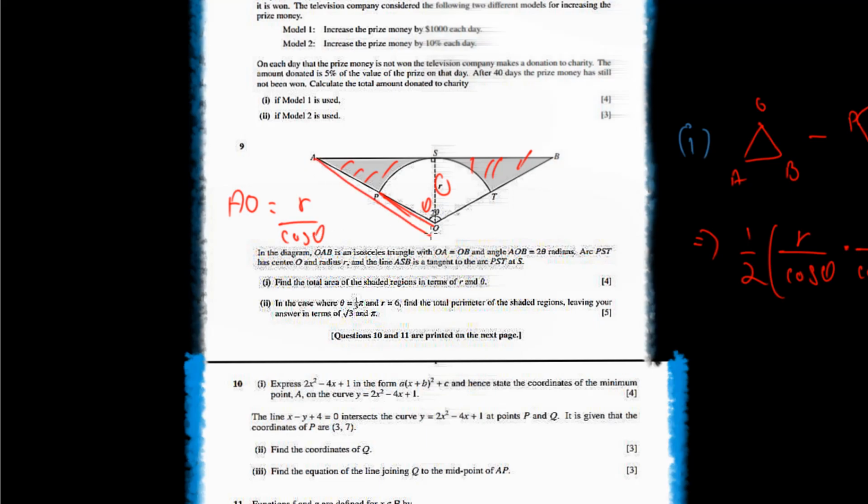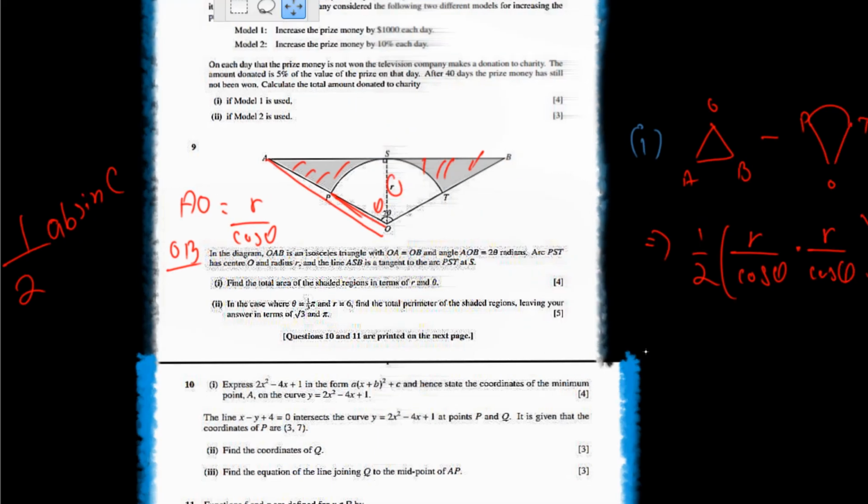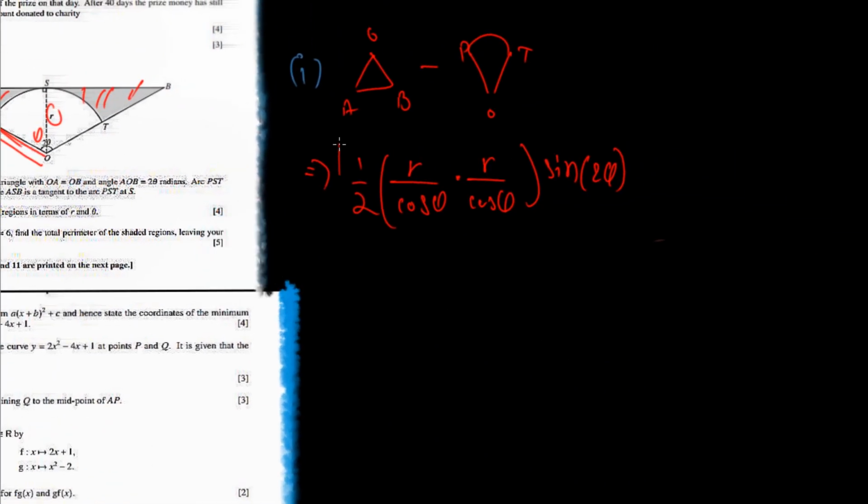I'm just using trigonometry to find the length of OA. Then I use the formula 1/2 ab sine C to find the area of the triangle. Our a is OA, our b is OB, which is exactly the same as OA, and sine C is sine 2 theta.